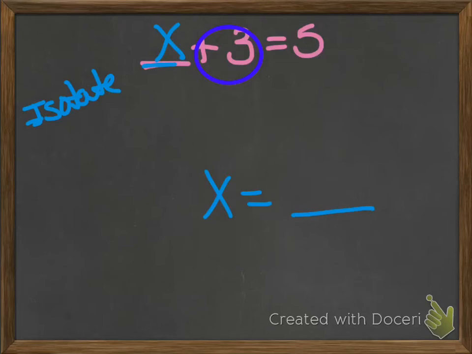But I've got a plus 3 there that I don't need on that side. If I'm adding 3 to x, how can I get rid of that operation of adding 3? Well, we know that if we do the opposite, that'll get rid of it. If I have 3 minus 3, it goes away, doesn't it?